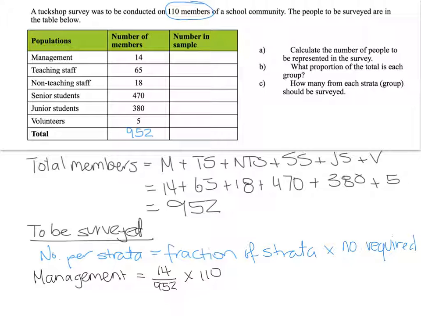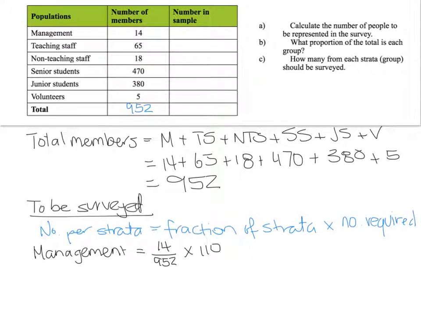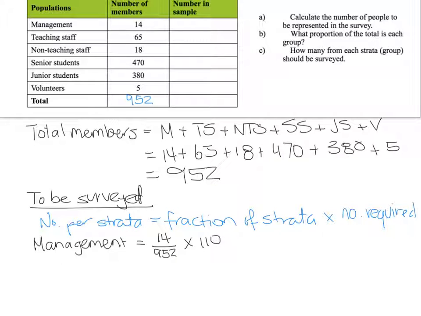That's the number required. Remember we looked up here, that's why we circled 110. We're going to run out of space here. Okay, and then when we calculate that, we get 1.617647, and it continues on.